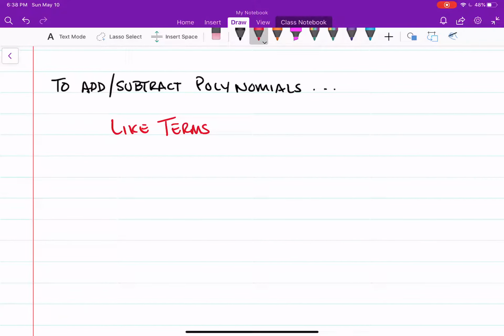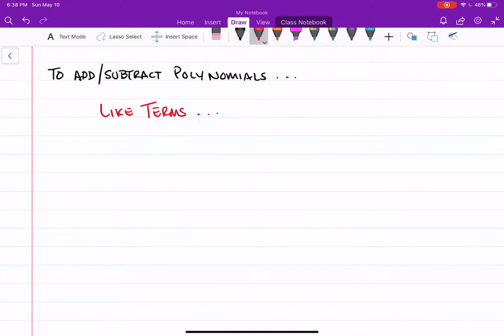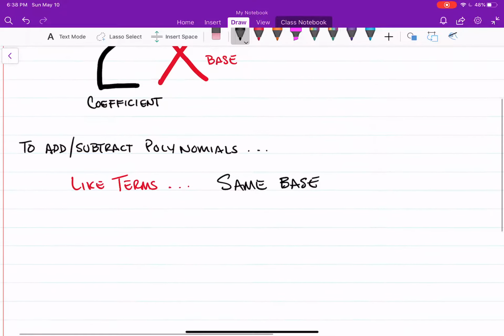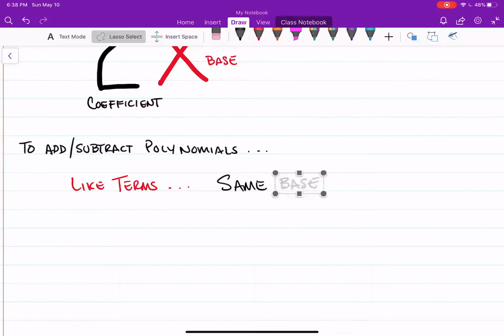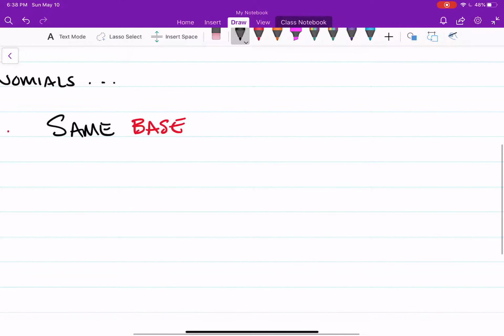Like terms are same base and same power.